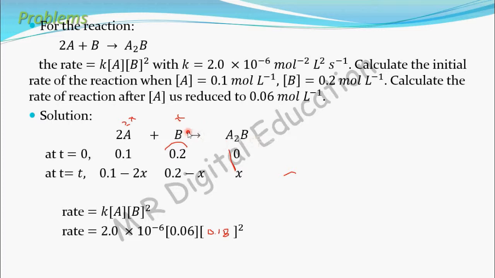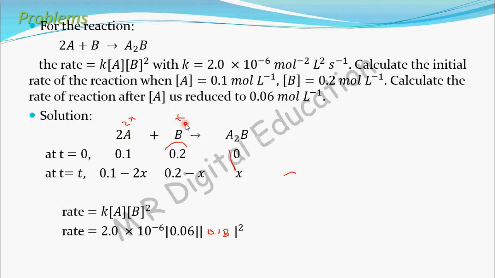By using x mole per liter of B and 2x mole per liter of A. To form 1 mole of A2B, the reaction uses 2 moles of A and 1 mole of B. So in order to form x mole per liter of A2B, the reaction will use 2x mole per liter of A and x mole per liter of B.